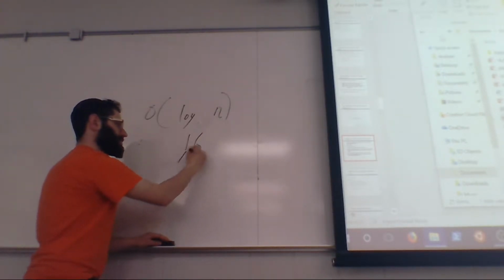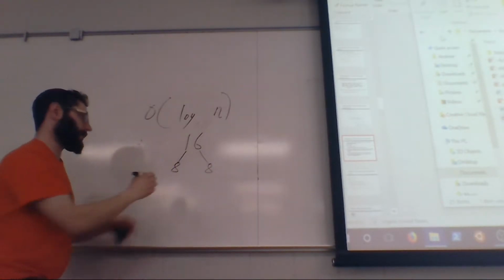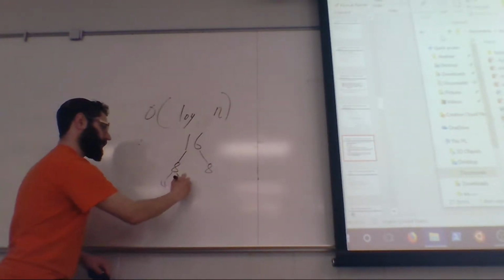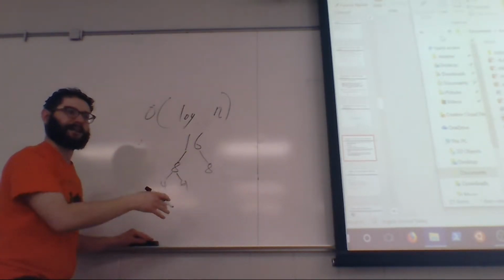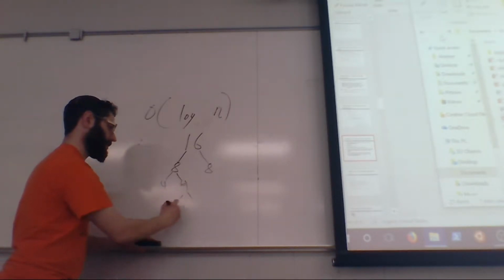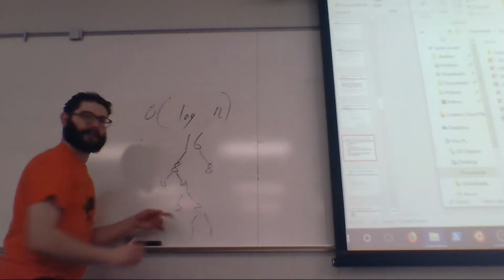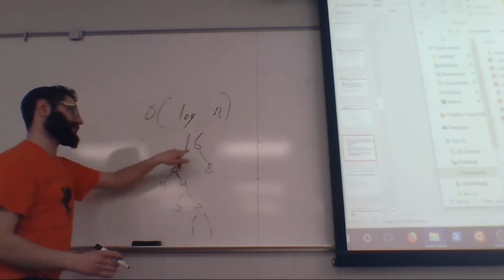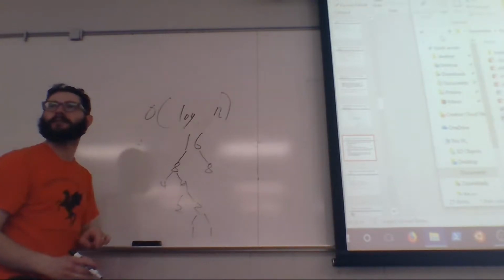So 16 can be split into half, right? Into 2 8s, right? And what about those 8s? Well, we can split the 8s into half to form 4. I'll just go ahead and split one of them, because it will just copy itself on the other side, right? And can we split that 4 into half? Yes, we can. 2 and 2. And what about those 2s? We can split those into half evenly, right? So we could split 16 into half once, twice, 3 times, 4 times.